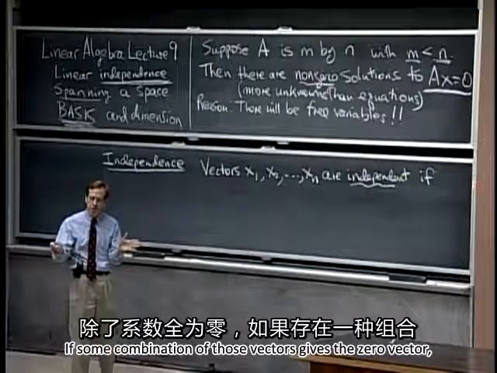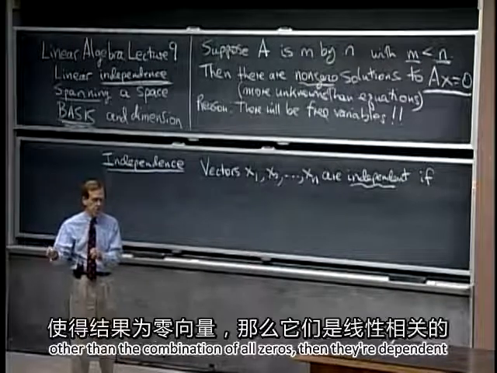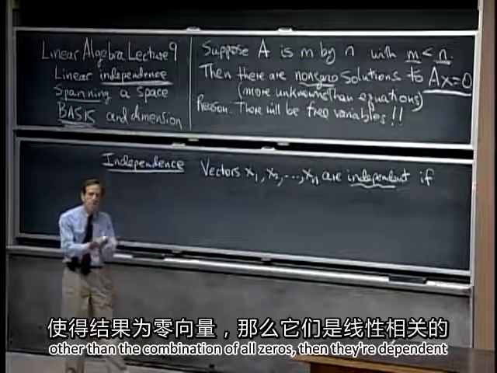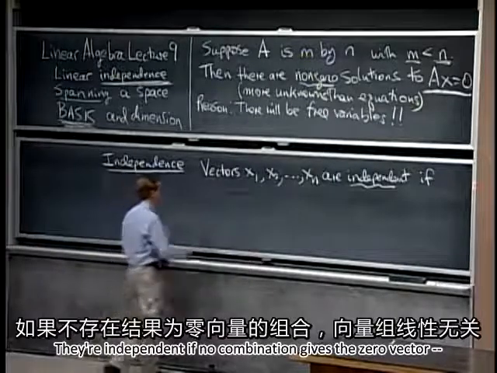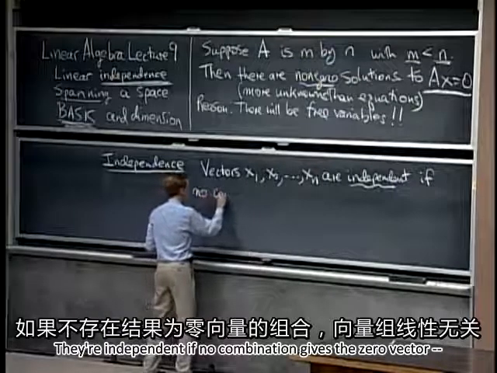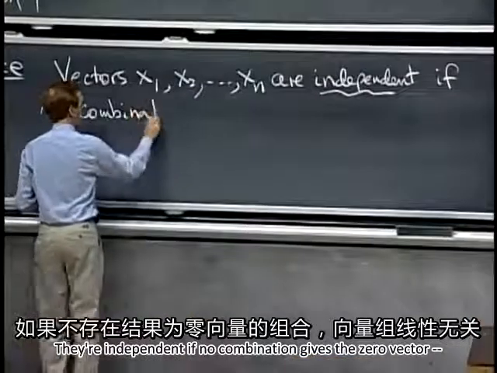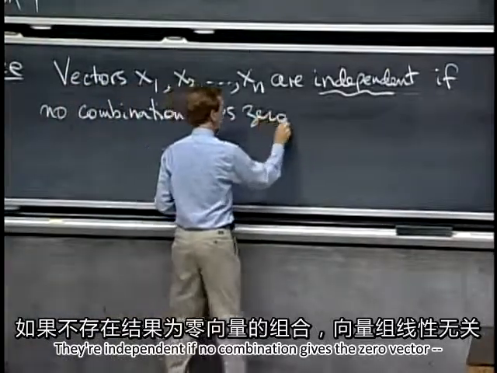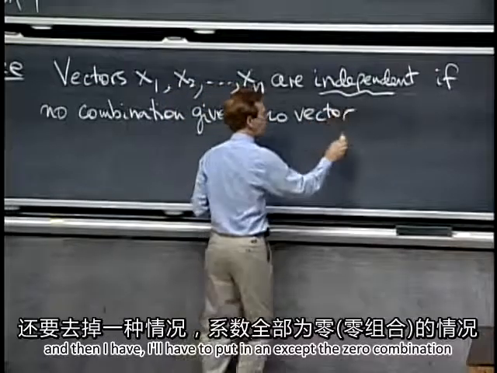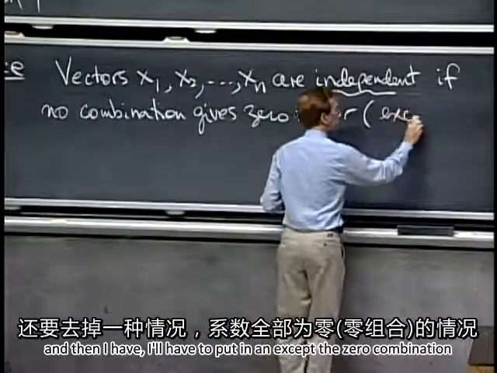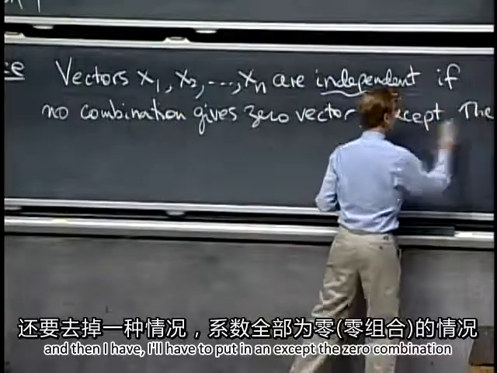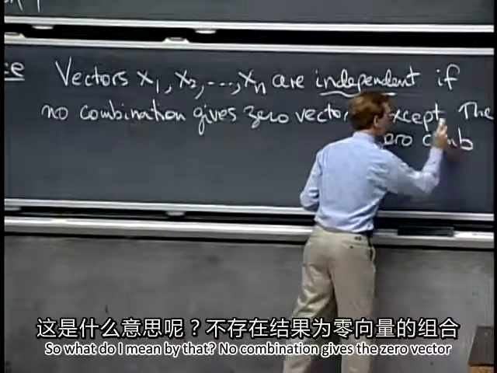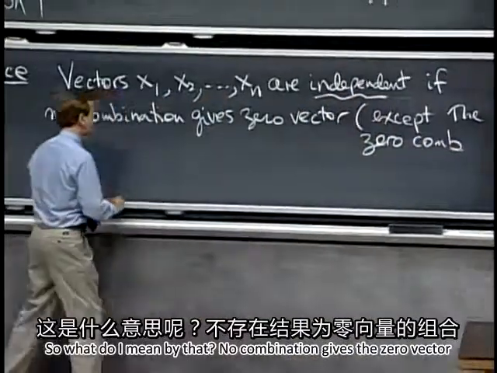If some combination of those vectors gives the 0 vector, other than the combination of all zeros, then they're dependent. They're independent if no combination gives the 0 vector, and then I'll have to put in an exception, the 0 combination. So what do I mean by that? No combination gives the 0 vector.